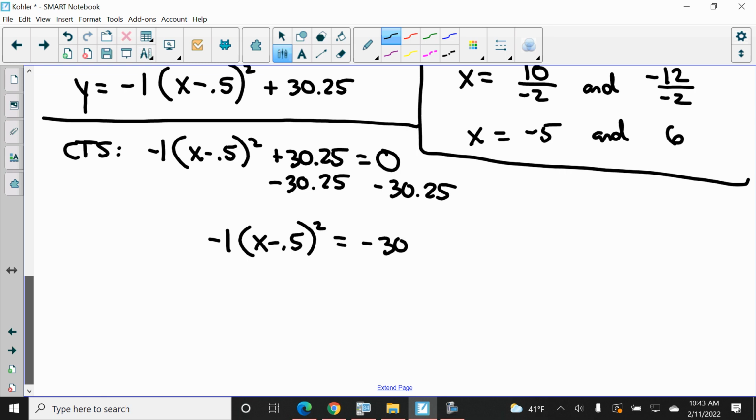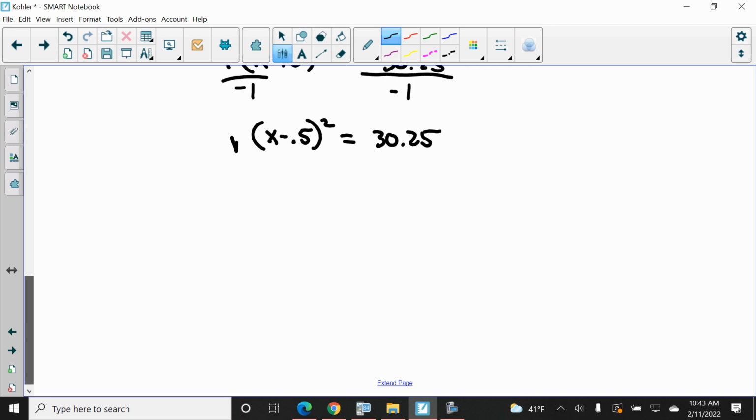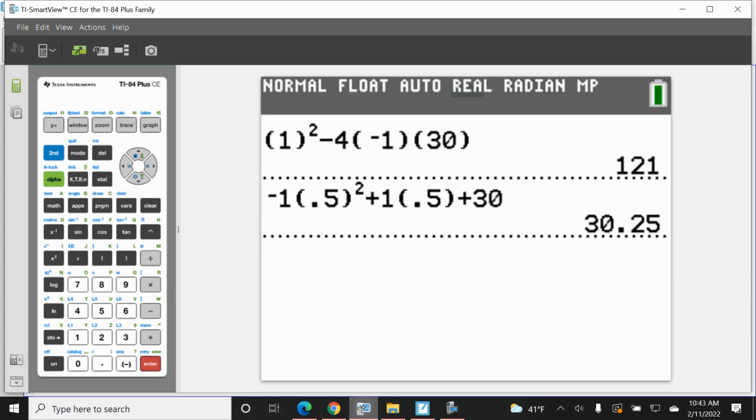Complete the square, of course, is just taking vertex form and setting it equal to 0. Again, the cheater's method. I better get -5 and 6. Subtract 30.25 from both sides. -1 times x minus 0.5 squared is equal to -30.25.